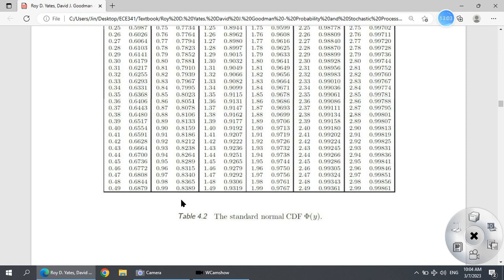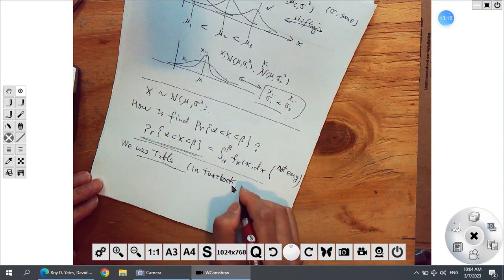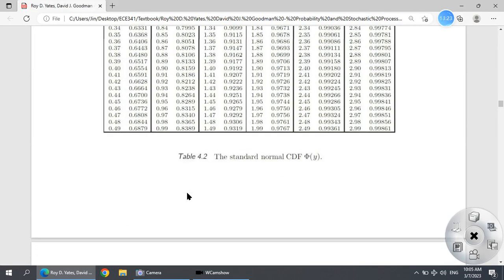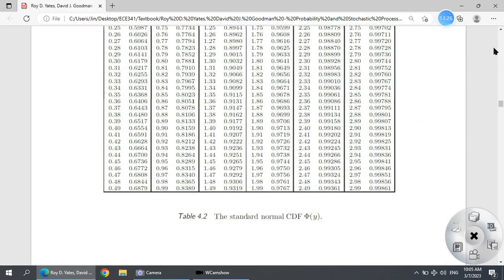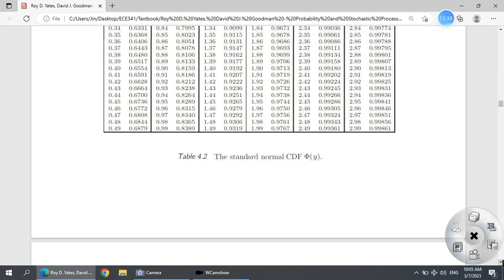The CDF table is in the textbook. Let me copy the page number: page 143, and the table is Table 4.2.